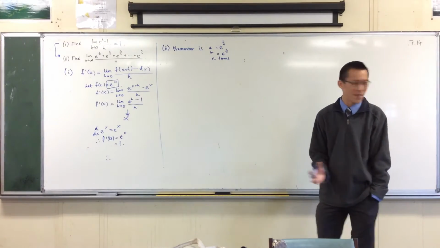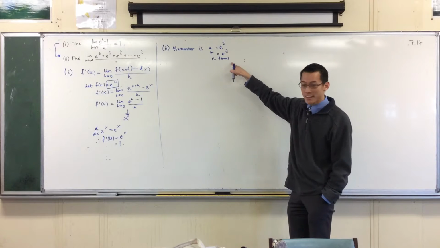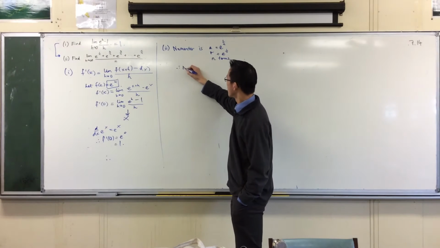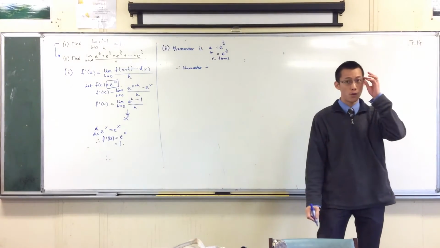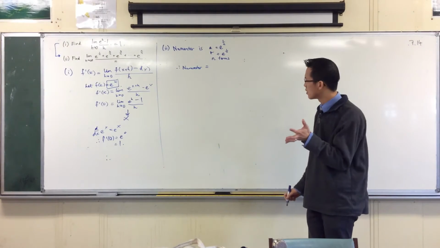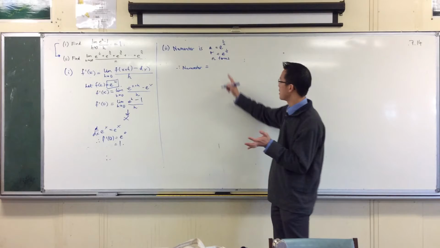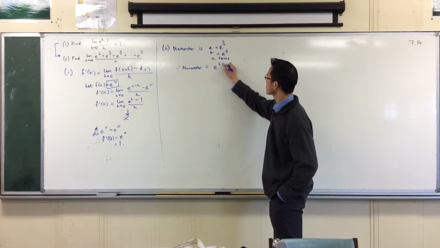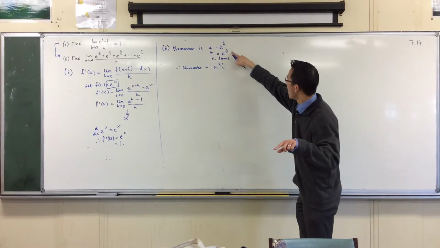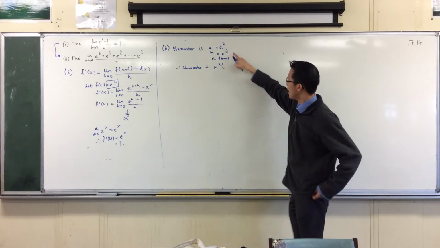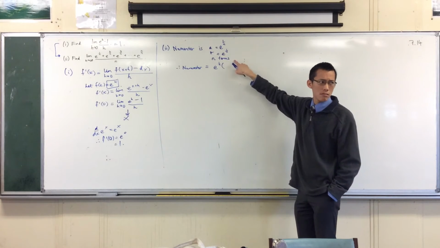Okay, great. So therefore, if I've got a, r, and n, I can say the numerator is equal to, and then I'm going to pull out my sum of a GP formula. Let's give this a go. It's the first term, it's a. Then I've got r to the n minus 1. What's r to the n?